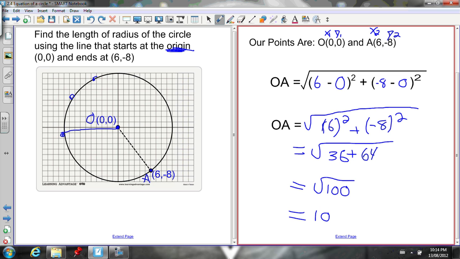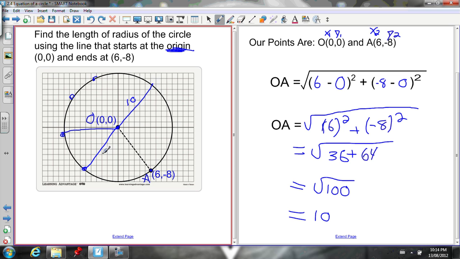So the length of the radius is 10. The length from the center to every point on this circle should be 10. Every point on the circle is the exact same distance from the center, by definition.